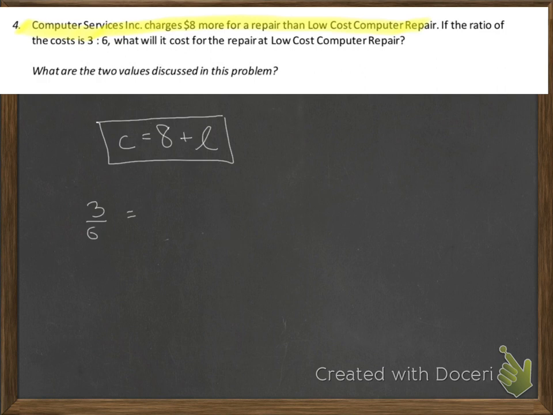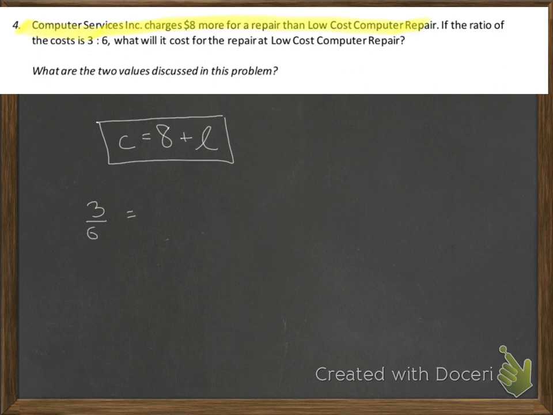If you want, pause the video, think about that question a minute, and then unpause it and see if you're correct. Well, the bottom number has to be the larger number, doesn't it? So which one is more expensive, computer services or low cost? Computer services is more expensive because they're $8 more than the other one.